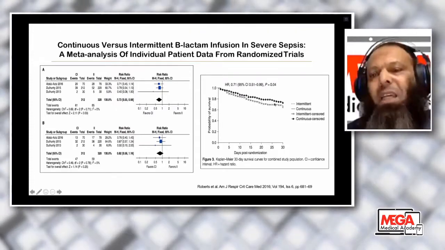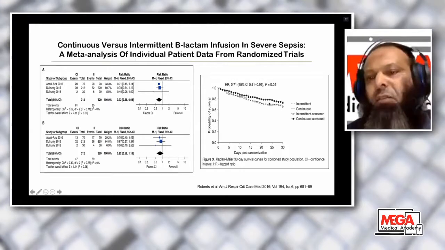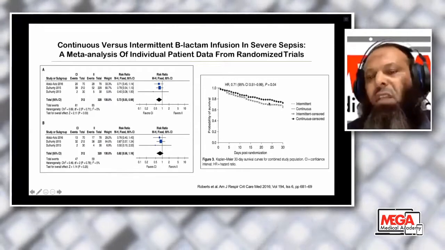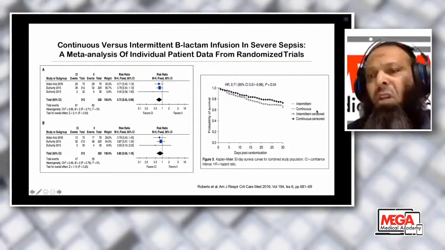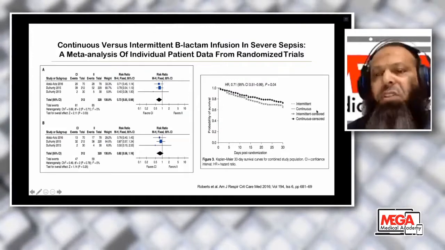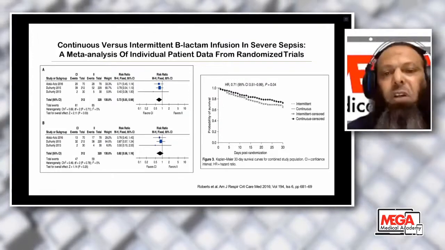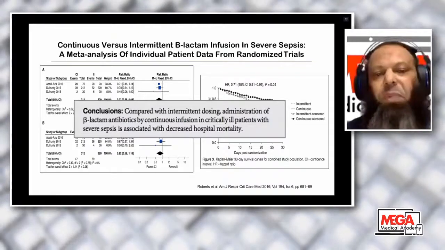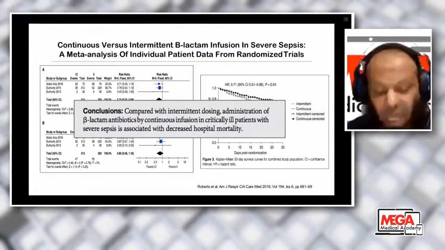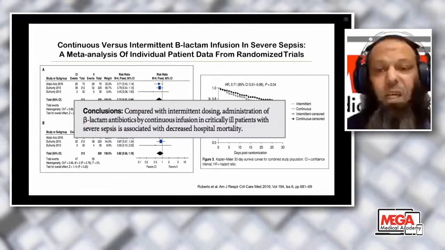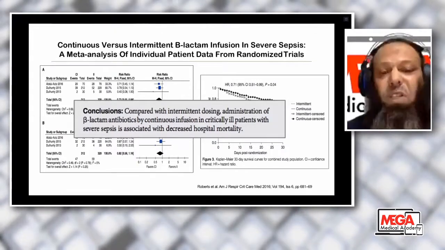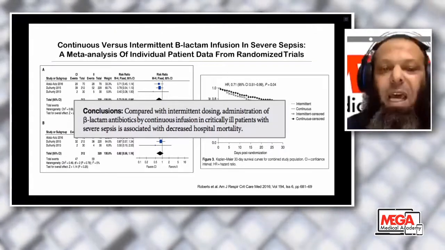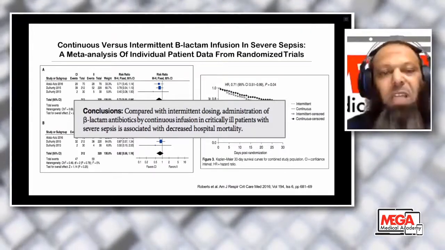Here the Kaplan-Meier curve shows the 30-day mortality reduction with using the continuous infusion of antibiotics compared to the intermittent. So they concluded that compared with intermittent dosing, administration of beta-lactam antibiotics by continuous infusion in critically ill patients with severe sepsis and septic shock is associated with decreased hospital mortality.